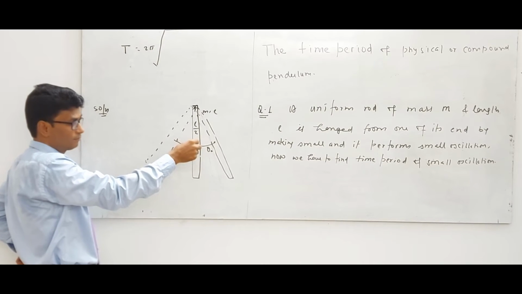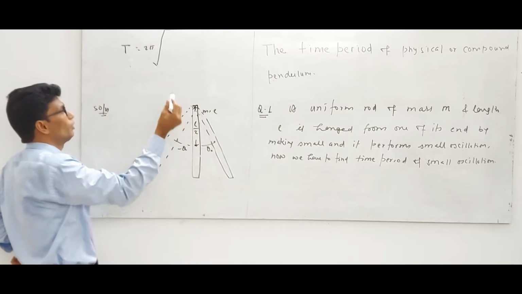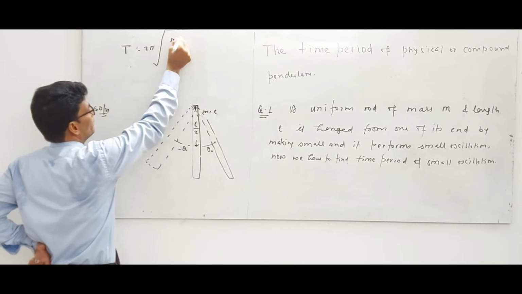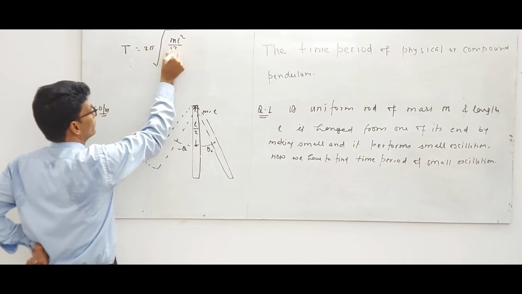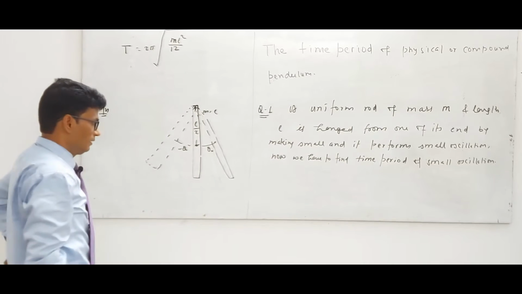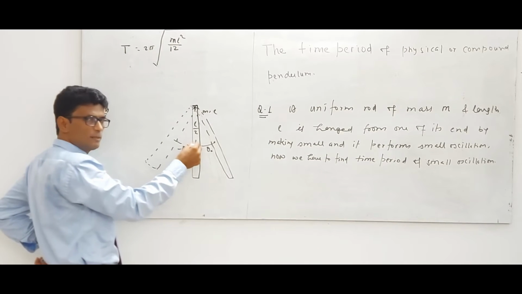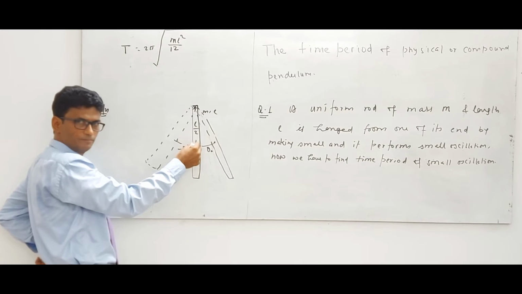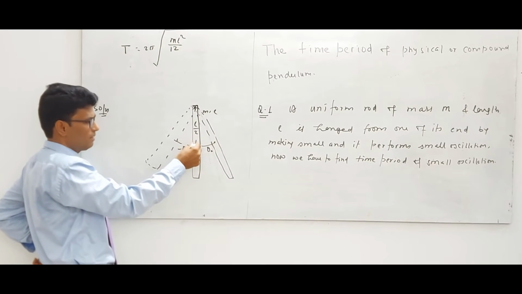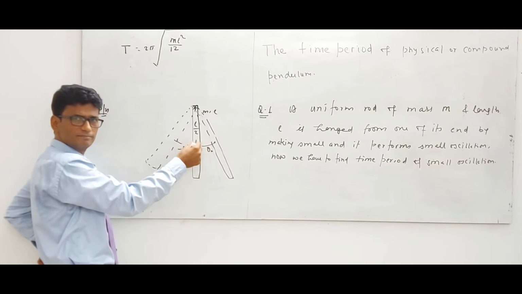Mind you, perpendicular to the rod. So we all know it is ml square over 12. And then treat it as a point mass of the rod, center of mass.